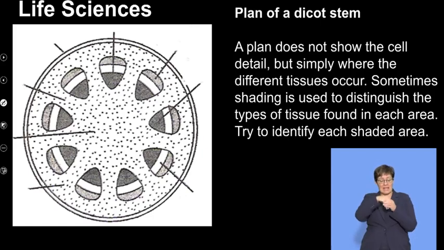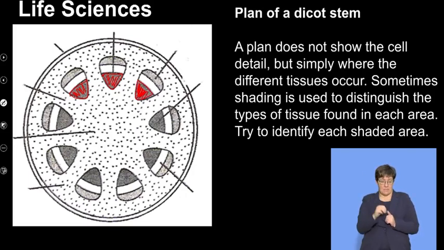Let's now have a look and see what can we identify from what we have already talked about. First one is these things here, okay? And these, at the tip of the vascular bundles, those are patches of xylem.